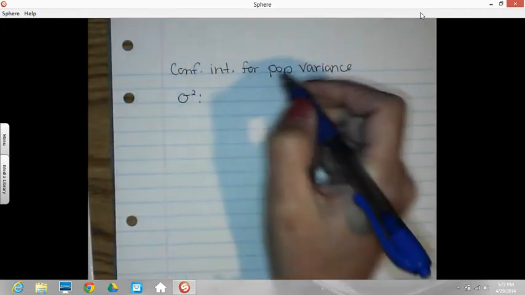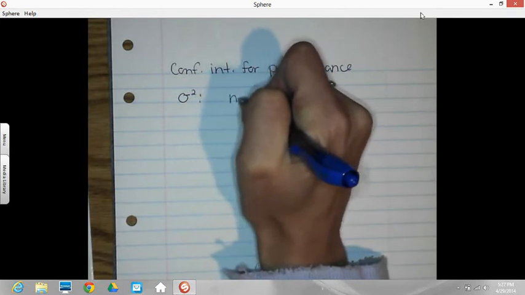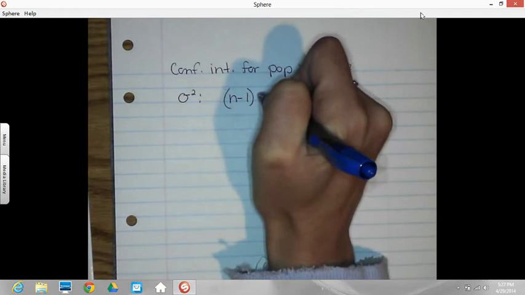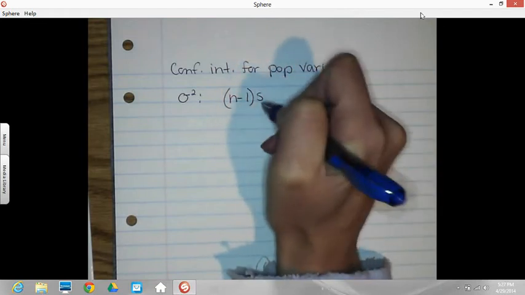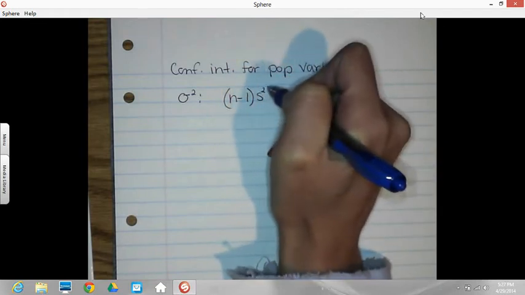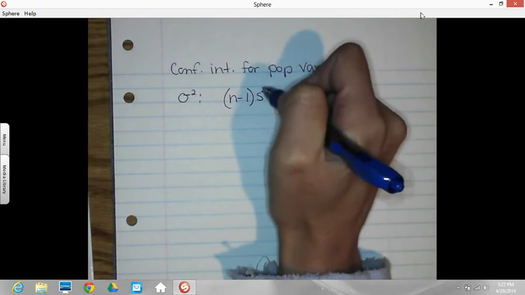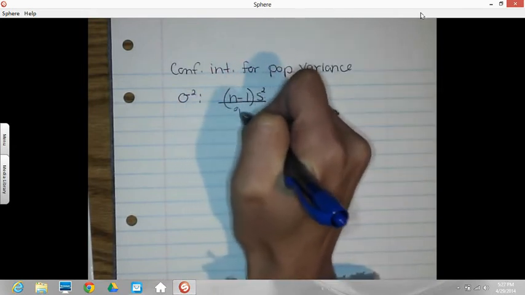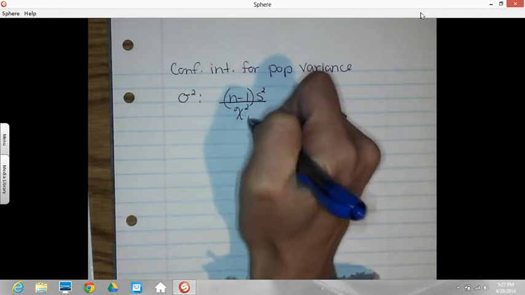You're going to go n minus 1, which is your degrees of freedom, times your standard deviation from your sample squared, which is your variance from your sample, divided by the chi-squared right value.